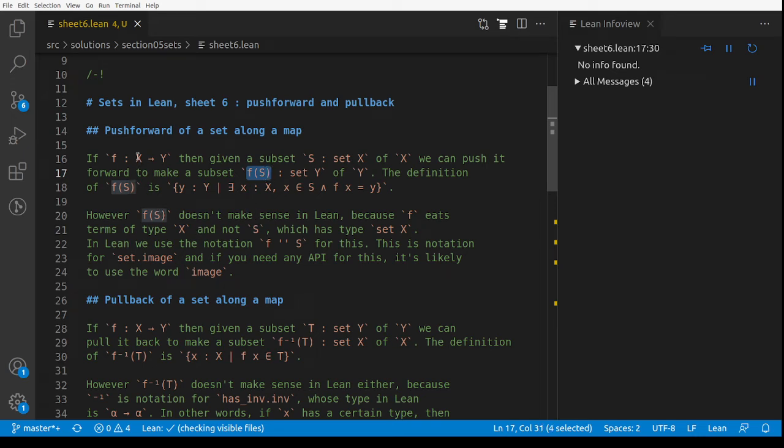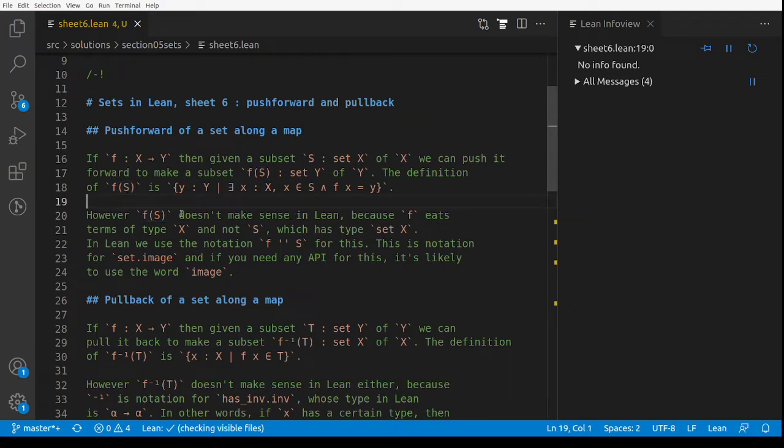If little x is in capital X, then you can write f of little x, and that's in capital Y. But if S is a subset of X, then sometimes people write f of S to be the corresponding subset of Y. You take all the elements of S, you apply f to all of them, and then you get a subset of Y. So the subset of Y is the y such that there exists an element x with x in S, and f of x is y.